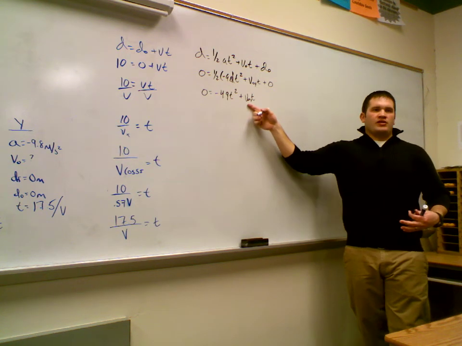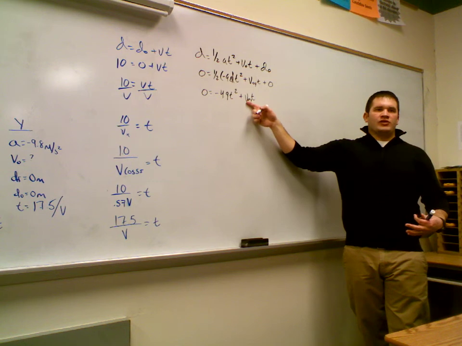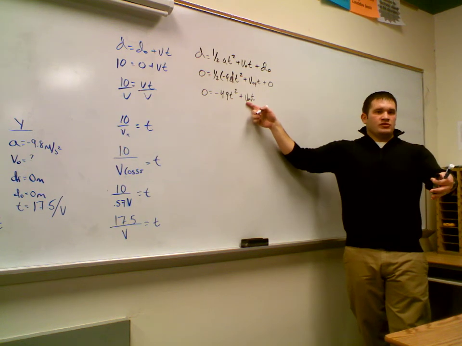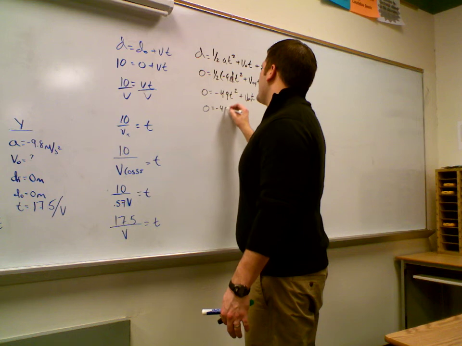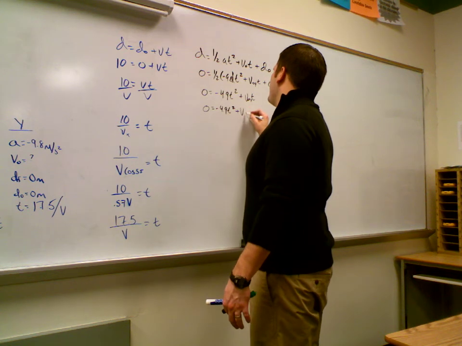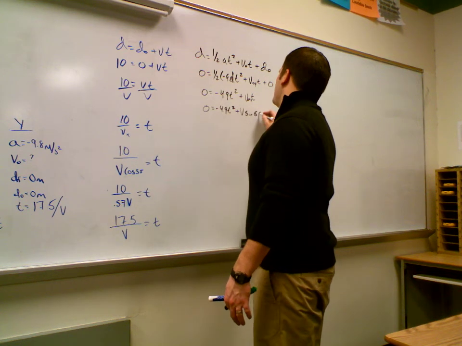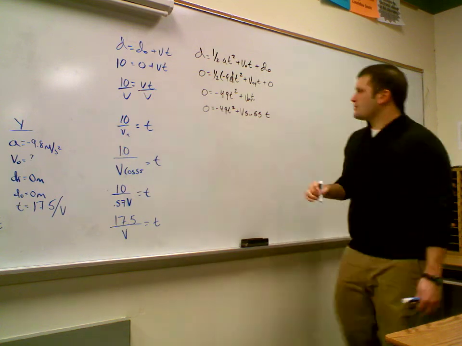The vertical component, right? So we know v naught y is really v, not cos, sine, right? So I can write this as 0 equals negative 4.9 t squared plus v sine 55 times t.